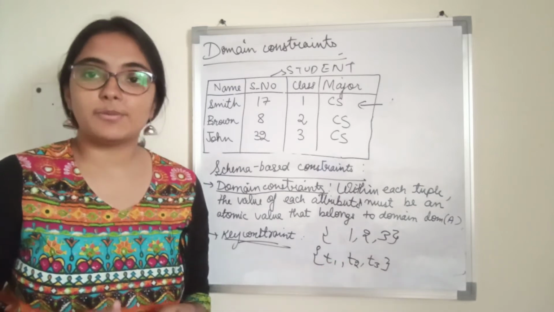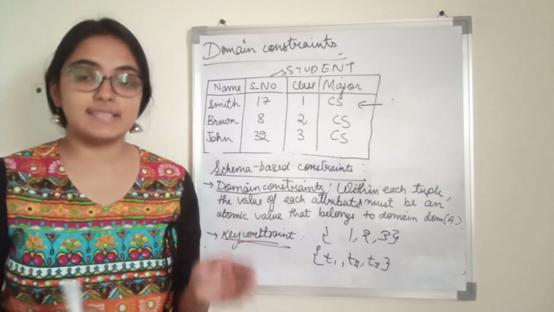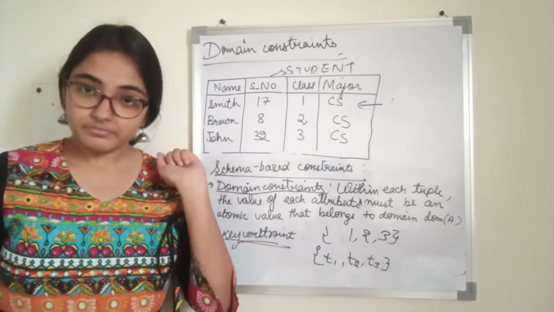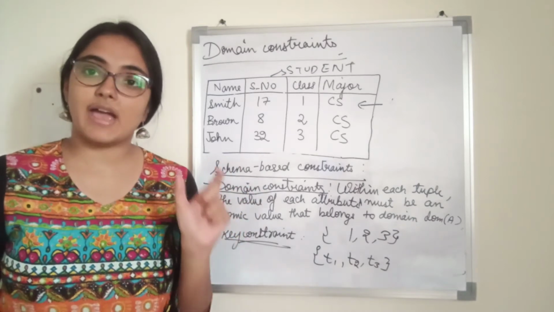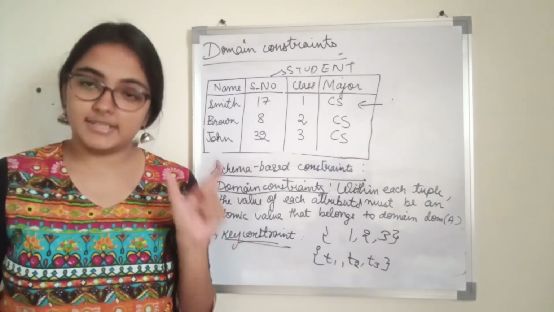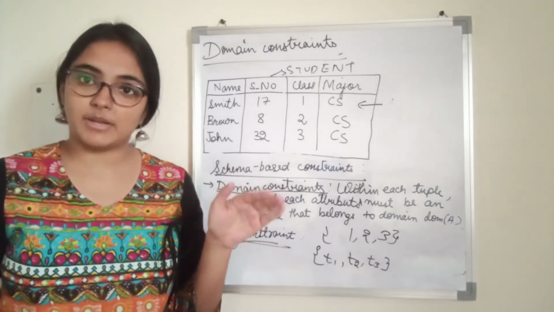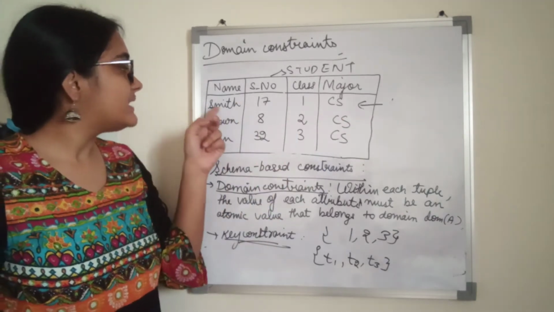Hence, all the tuples in a relation also need to be distinct. Since a relation is a set of tuples and a set has to have all distinct elements, the relation also has to have distinct tuples. It cannot have the same tuple 2 times, right? I cannot add any tuple with the same values.